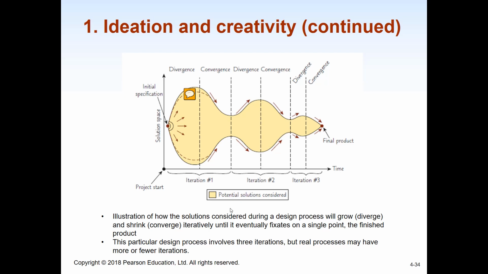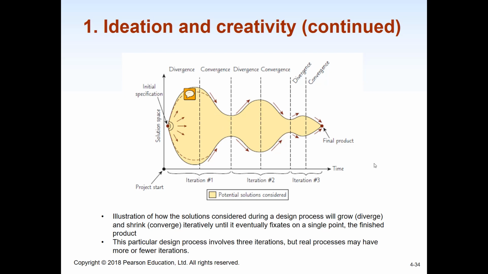So this is like the potential solutions considered if we are using divergent or convergent. See that if you are using divergence, in dissimilarity, we can have too many ideations. But if you are tending to have convergence and you are thinking about conforming with what we are having or what we know, it will be limited and so on.